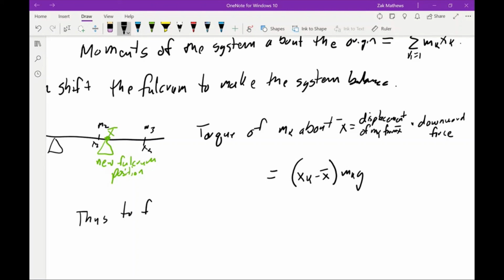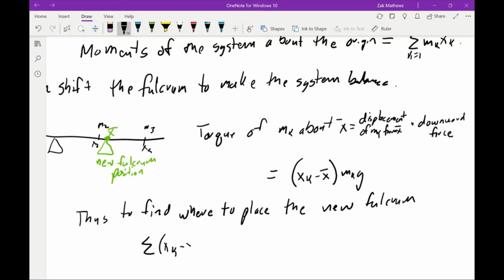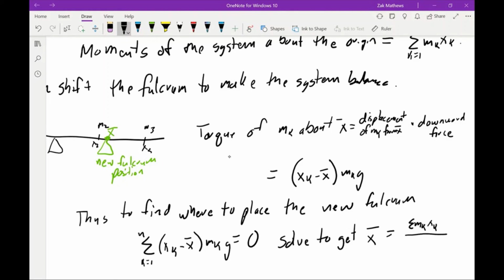Thus, to find where to place the fulcrum, the summation from k equals 1 to n, however many we have, of xk minus x bar times mk g, we want that to be equal to 0. We can solve this equation, and we get x bar is equal to the summation of mk xk over the summation of mk, k equals 1 to n.